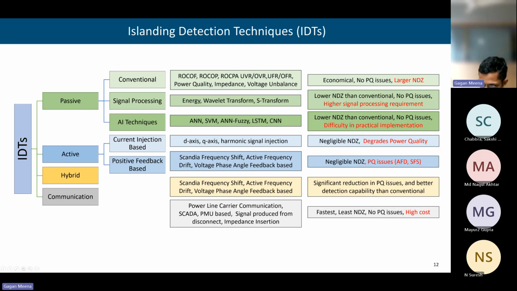For example, the rate of change of frequency, the rate of change of phase angle, the rate of change of power, the superimposed negative sequence voltage and or superimposed negative sequence impedance, then under frequency and over frequency relays, and then it can also be based upon the detection of different power quality metrics, or even the detection of impedance.